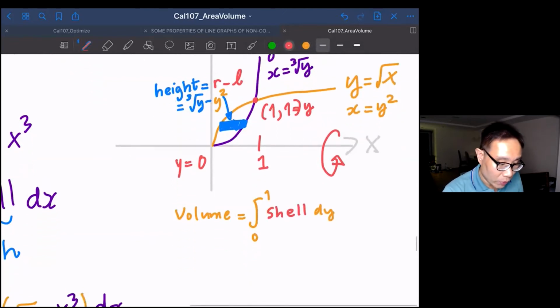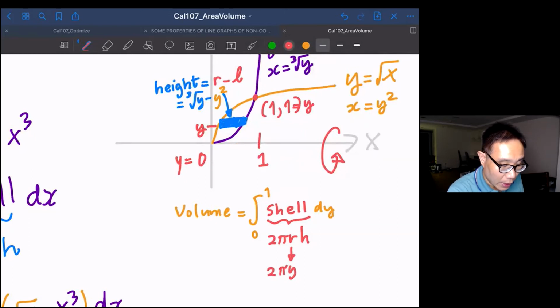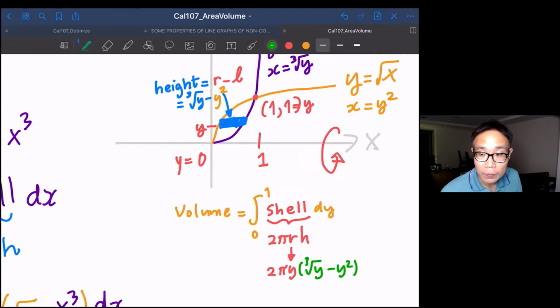And in order to compute the shell, it's going to be 2 pi r h. Okay, and here you are having y, so r turns out to be y, and you're going to get 2 pi y. And what is h? h will be the height, so it's going to be the cubic root of y minus y squared.